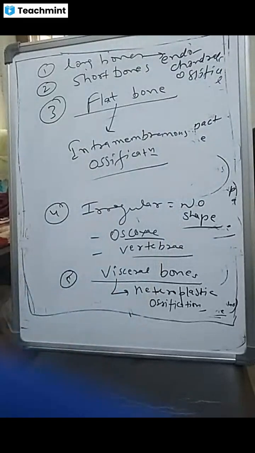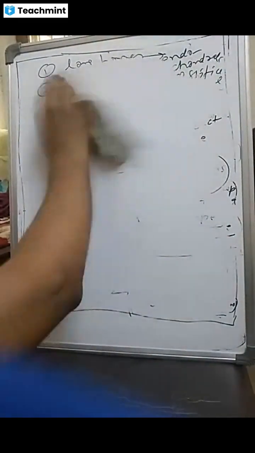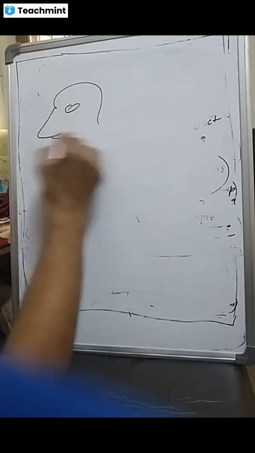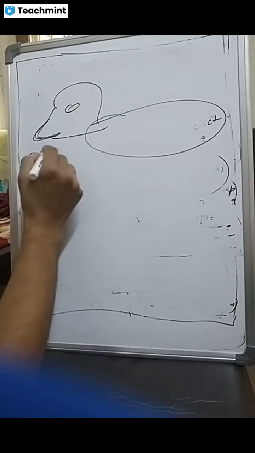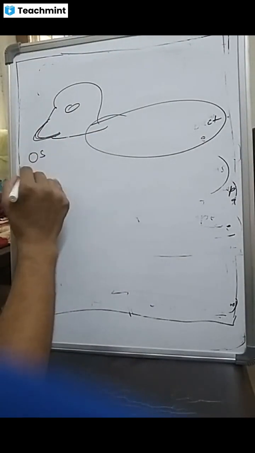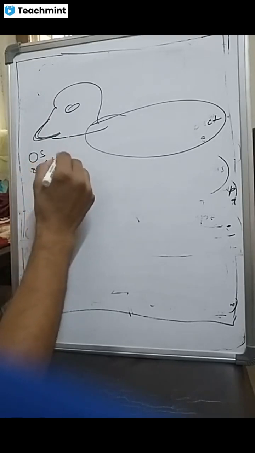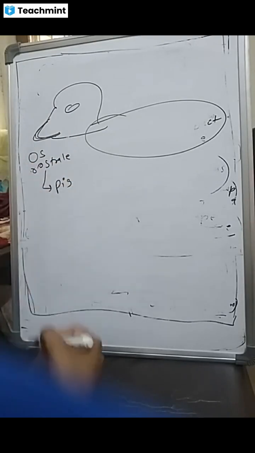What are these bones? In which visceral organs are they present? We start with the nose: os rostrale is present in the pig.